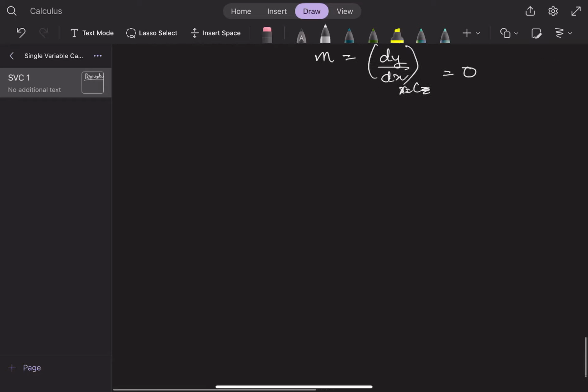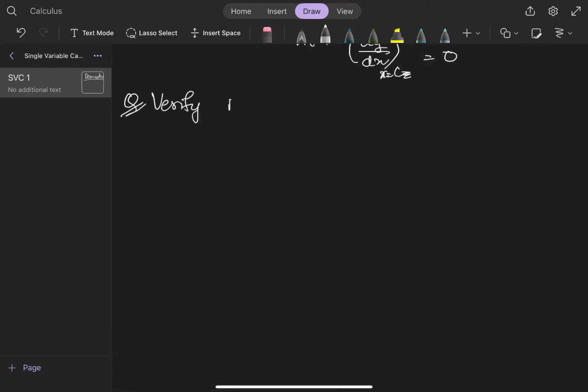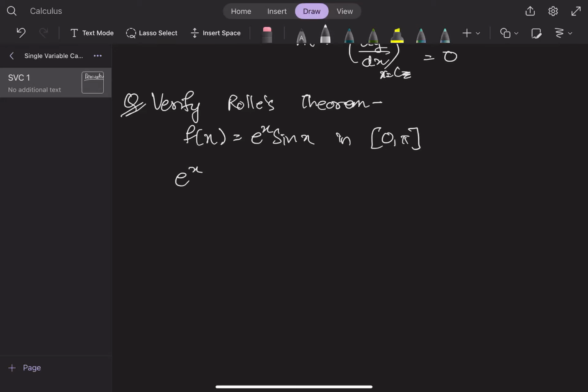So let's look at an example. Verify Rolle's theorem. f of x is given to you as e to the x sine x in 0 to pi. So since e to the x is a continuous function and sine x is also a continuous function, their product e to the x sine x is also a continuous function.